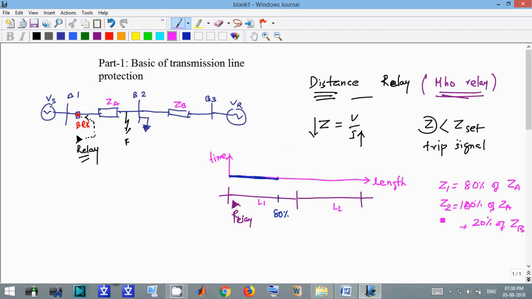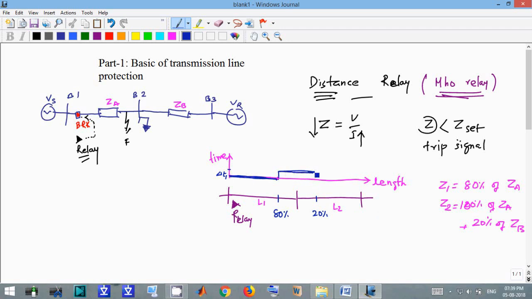But there is some time delay. If this is 20% of line 2, up to this it will also give protection, but there is some delta T1. This is a time delay.